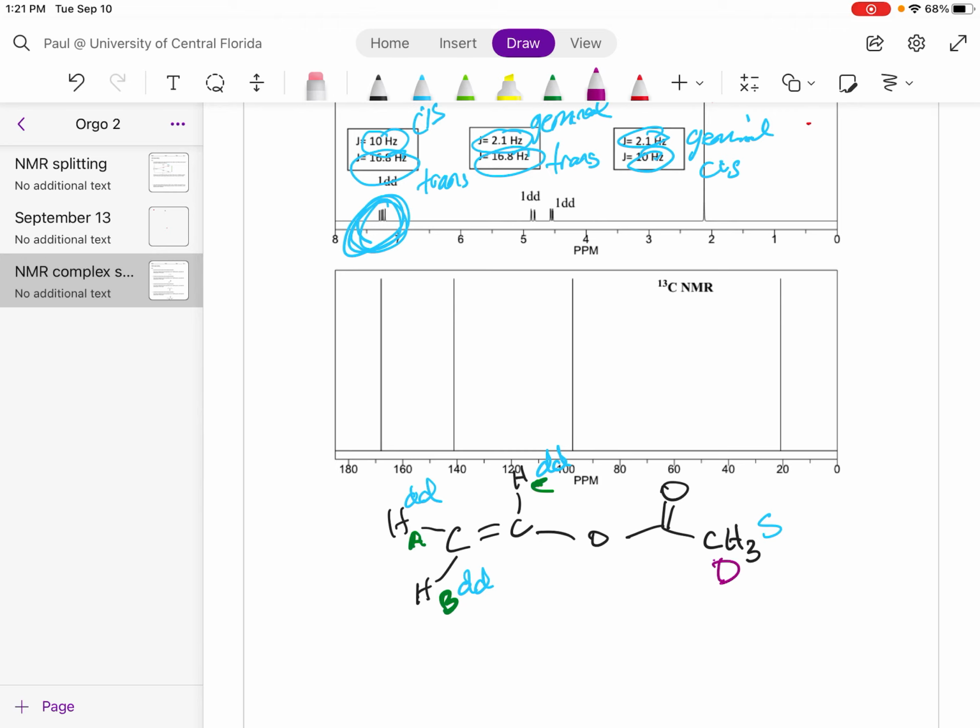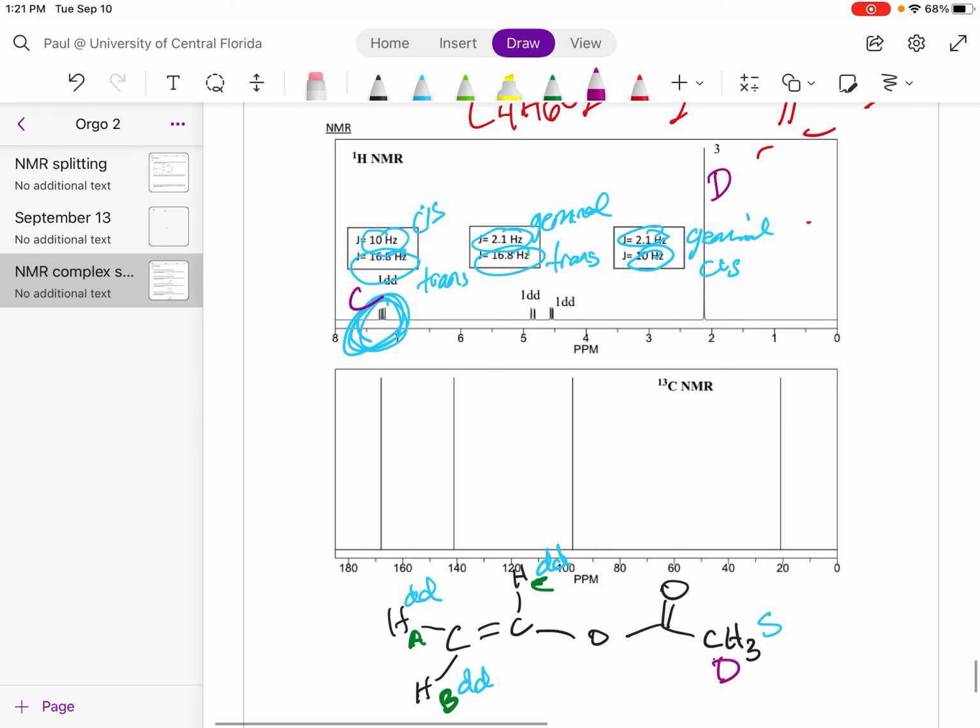Well, we see that HC is cis to A and trans to B. So that would make this proton C.